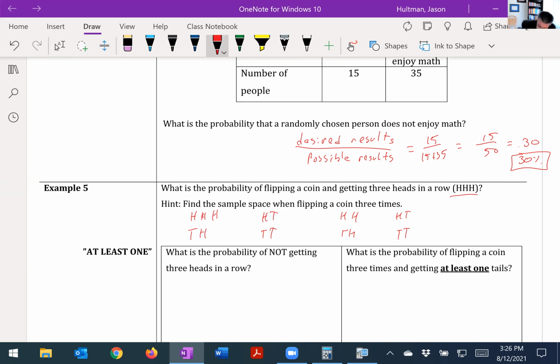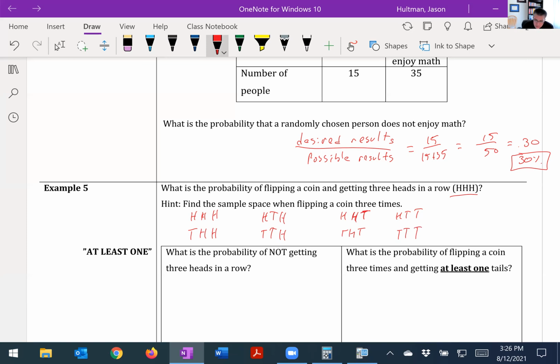I could get heads, heads, tails. I could get heads, tails, heads, or heads, tails, tails. I could get tails, heads, heads, or tails, heads, tails, or tails, tails, heads, or tails, tails, tails.